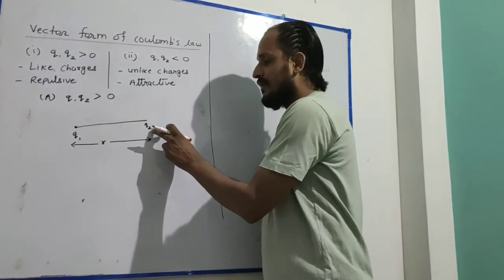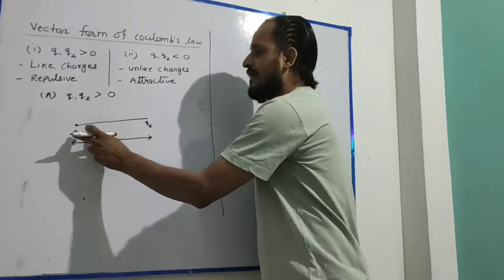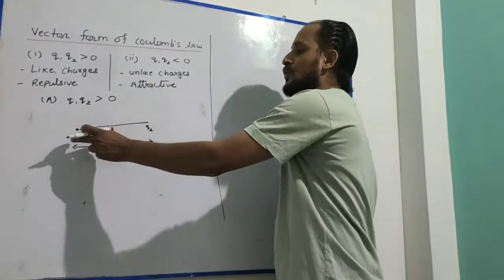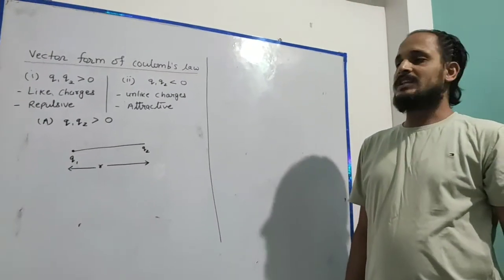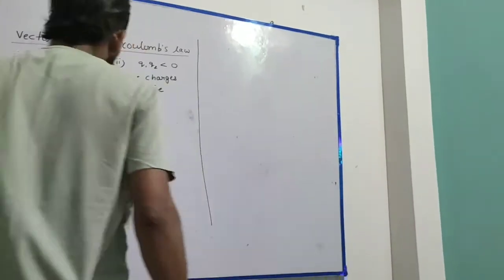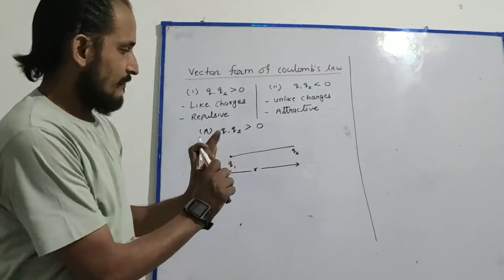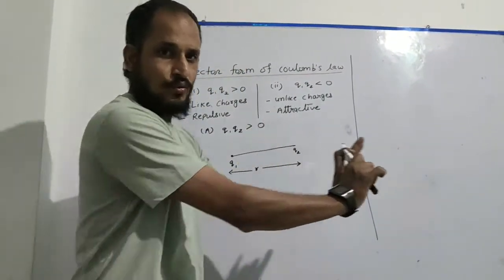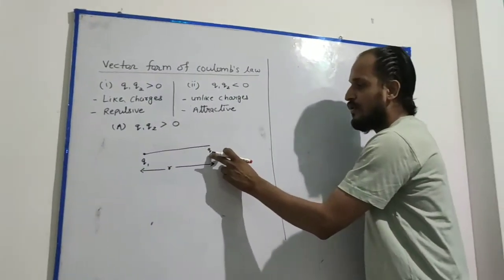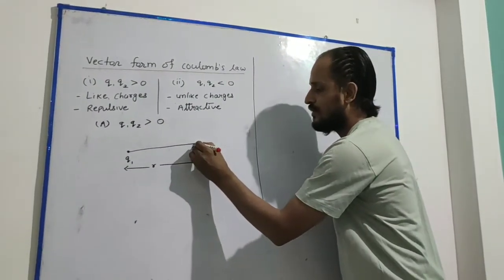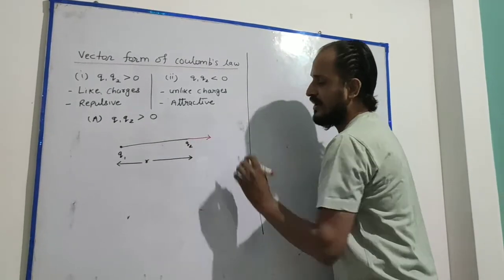Force exerted on charge 2 by 1. How the charge Q1 will exert force on 2? We know the force is repulsive, so we can say that this charge Q1 will repel charge Q2. That means force on charge Q2, the direction of force would be outward.